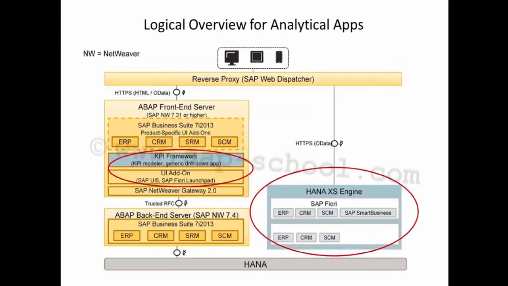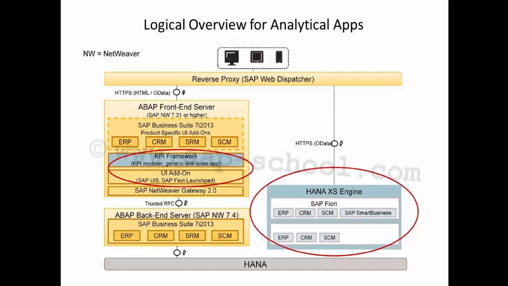Now let's move to the next slide, which is for the logical overview for analytical apps. So my analytical apps and the smart business apps are making use of the HANA Access engine. So in the fact sheets we use the search models, and for the analytical apps we use the HANA Access engine.